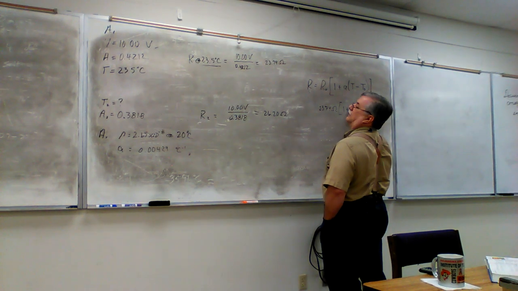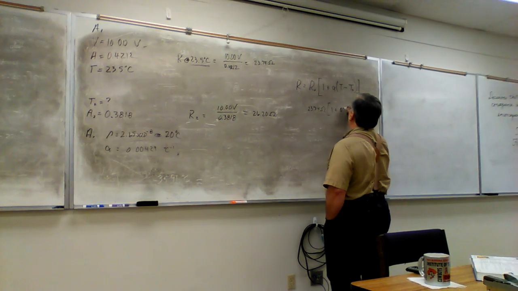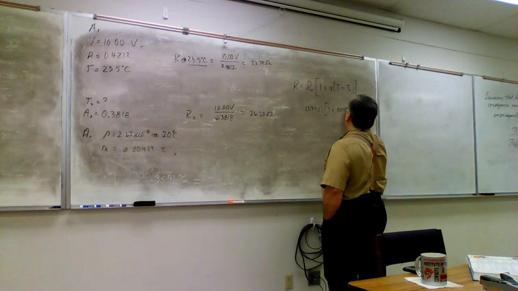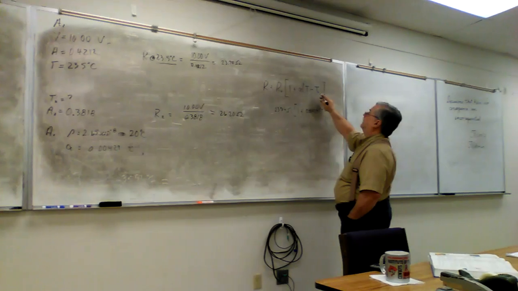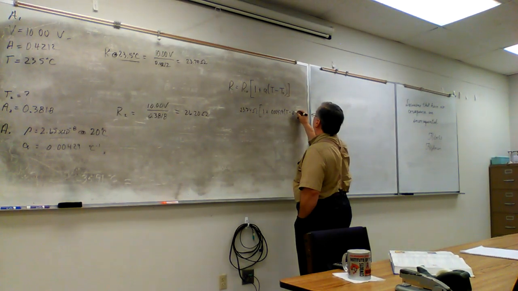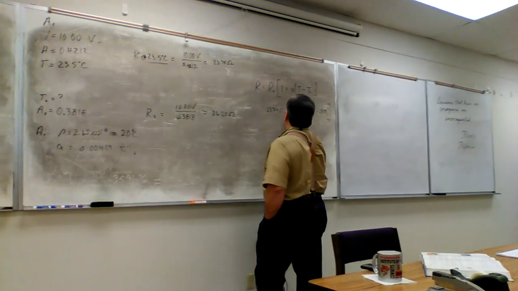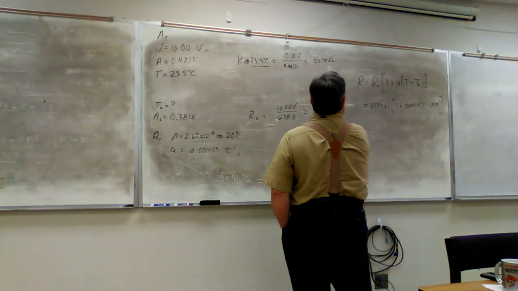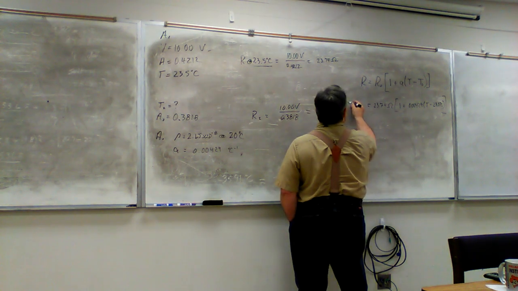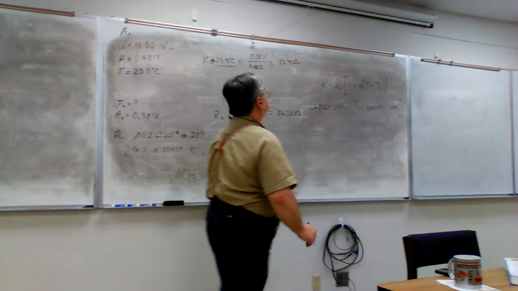Alpha is 0.00429, and our T naught is 23.5 degrees C. All of that is equal to our final resistance, which is 26.2 ohms. Okay?